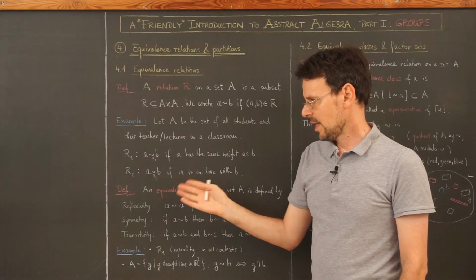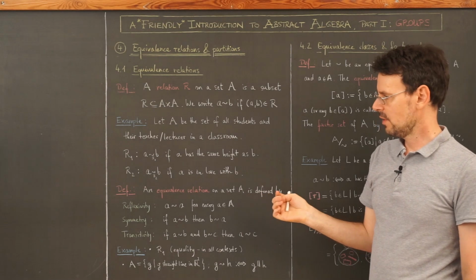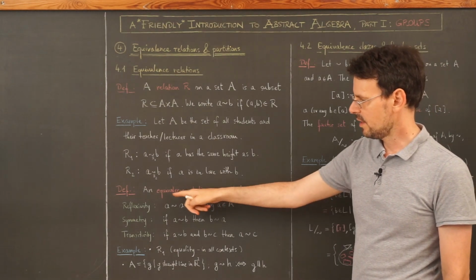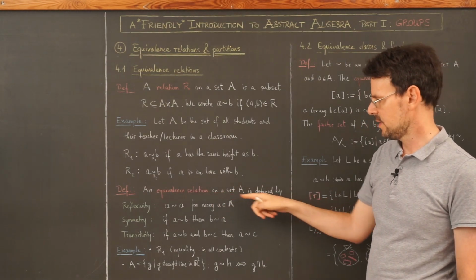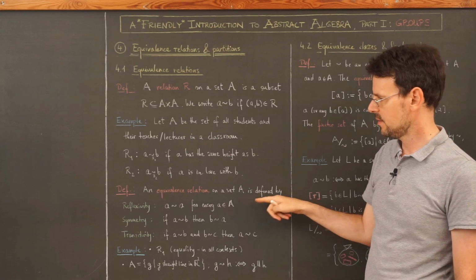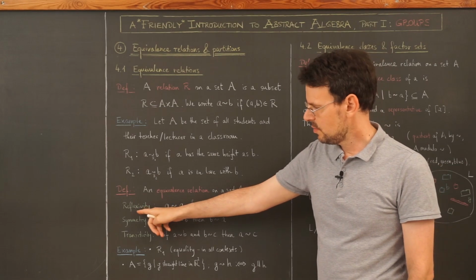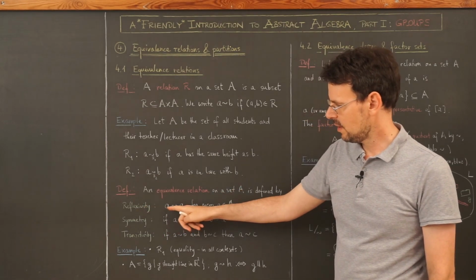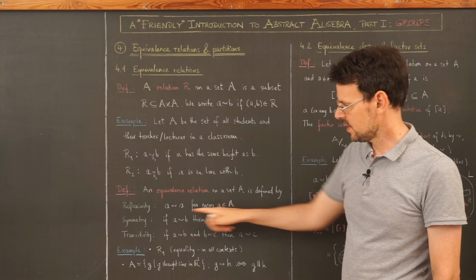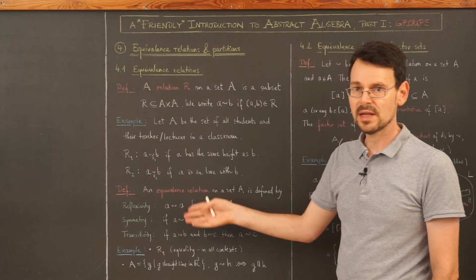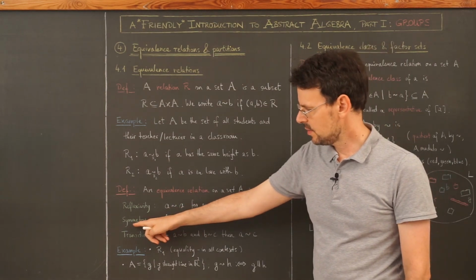And now actually the only important kind of relation for us is a so-called equivalence relation. And this is a relation that is defined by three properties. It needs to be reflexive, meaning that each element of the set is in relation with itself. It needs to be symmetric.